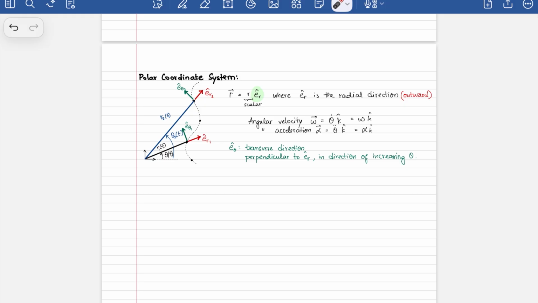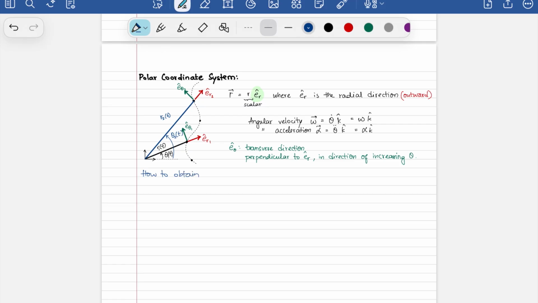Okay, so let's come back to this. R vector is r e_r hat. Now, if we were to obtain the velocity, it's not simply going to be r dot e_r hat, similar to what it was before. And the reason is because e_r hat is now changing in direction as well. Right, so our objective now is how to obtain the velocity and the acceleration when e_r hat is rotating.